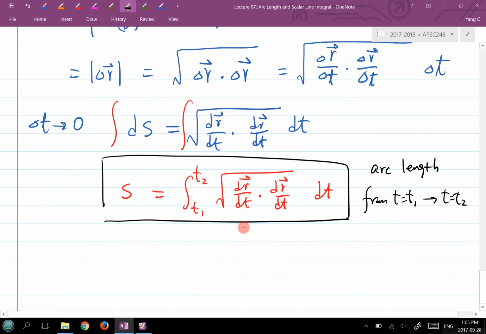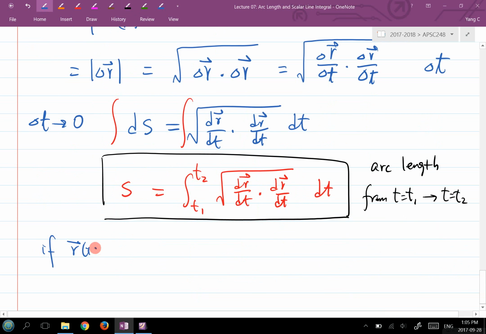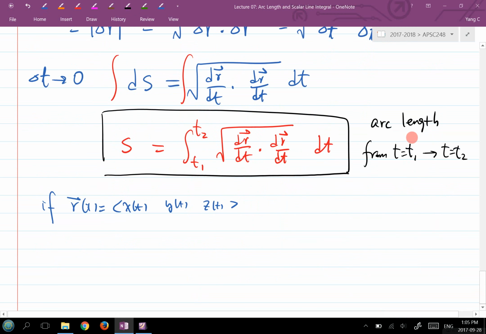An alternative expression: you can always stick to this one, that's fine, but you can also write it slightly differently. If your r of t is given as x of t, y of t, z of t, and we substitute r into this one, then s from t1 to t2, where dr over dt is dx over dt, dy over dt, dz over dt, and you take the dot product.